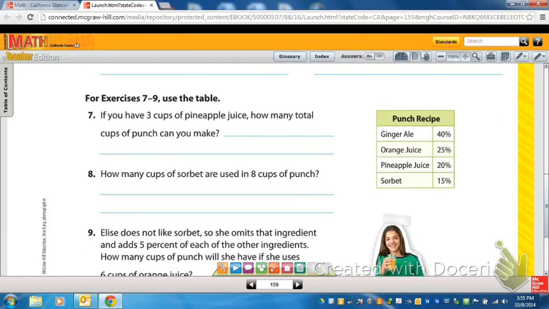Number 7, 8, and 9, using the table, it says if you have 3 cups of pineapple juice, how many total cups of punch can you make? So pineapple juice is 20%. So we're going to change that to a decimal. And we're going to divide 3 divided by 0.20.